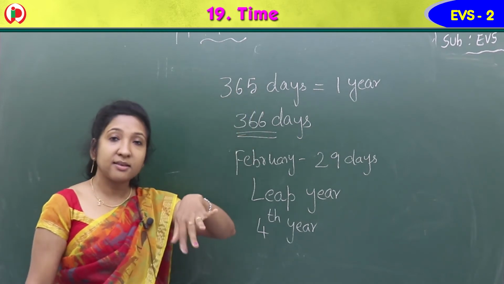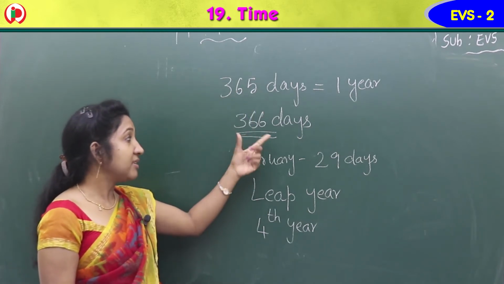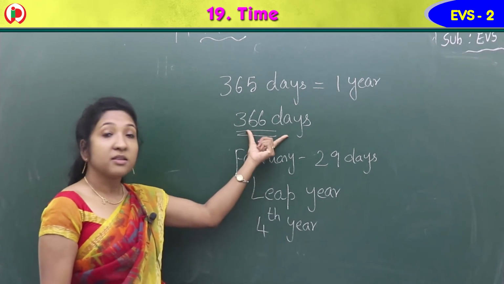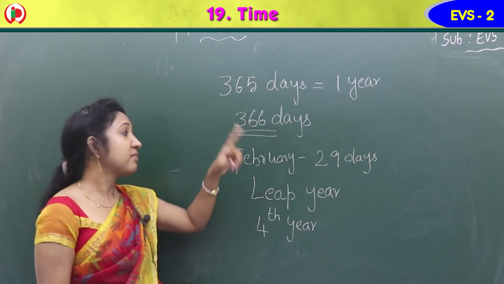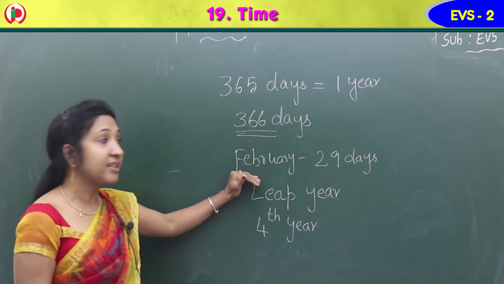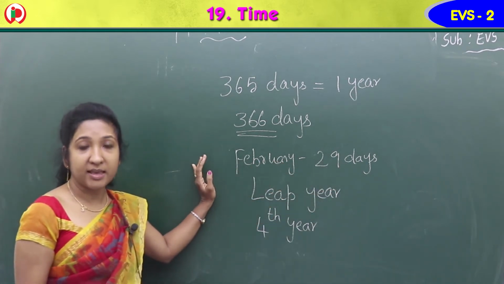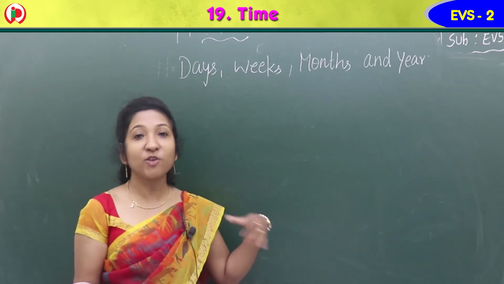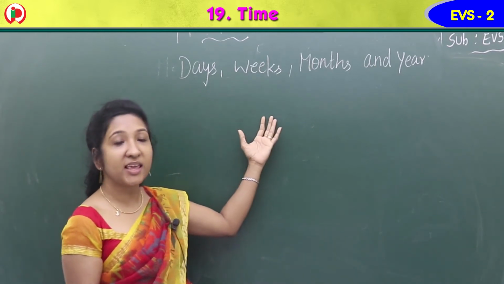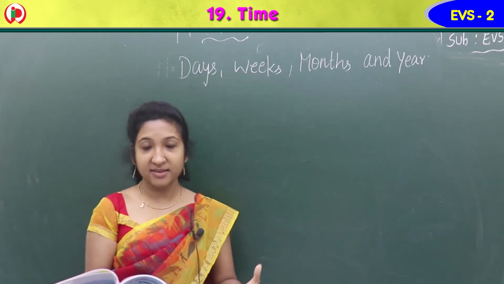Once in 4 years we get a leap year, 366 days. That year February gets 29 days. Okay children? Yes. So we learnt about days, weeks, months and year, isn't it?